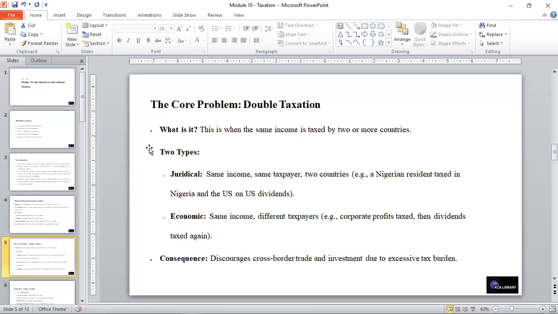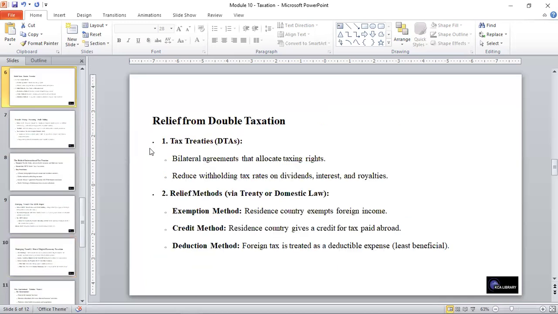The second is economic double taxation, which deals with same income, different taxpayers. An example of this is corporate profit tax, then dividend tax again. The consequence of double taxation is that it discourages cross-border trade and investment due to excessive tax burden.